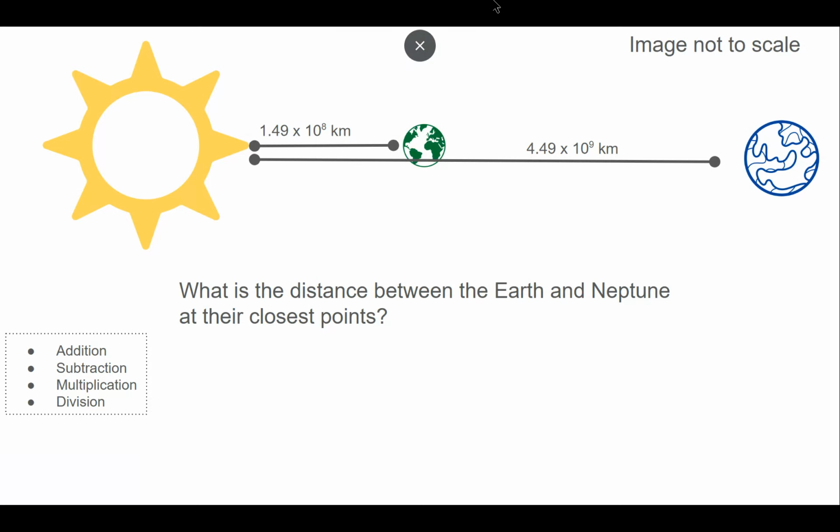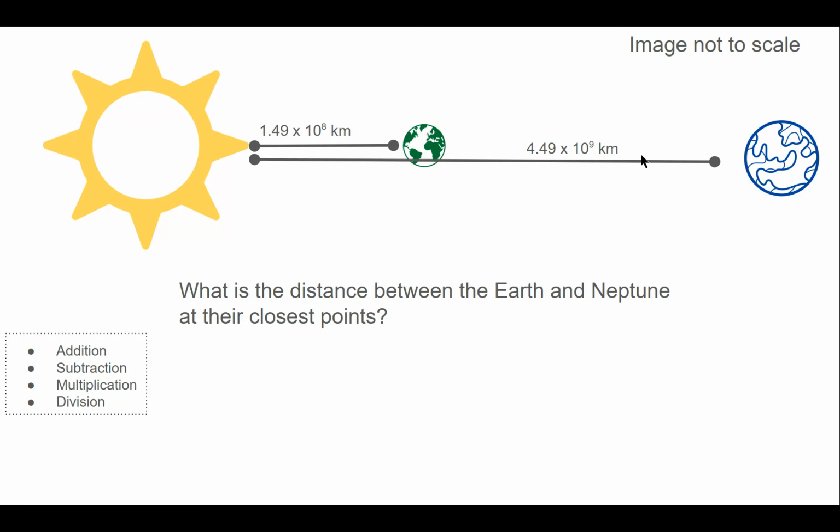Okay. So we have our sun here. We have the Earth and Neptune, as they orbit around the sun at different speeds. At some point, they will line up-ish. Obviously, this image is not to scale. But what is the distance between Earth and Neptune at their closest points? So we have the distance here of 1.49 times 10 to the 8th for Earth, and 4.49 times 10 to the 9th for Neptune.